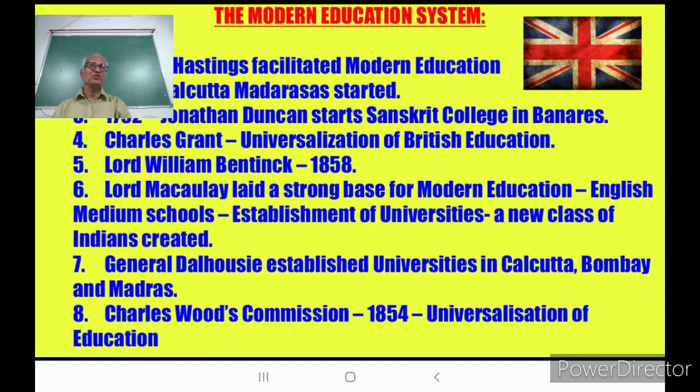See, this throws light on the kind of superiority complex the British had in their mind. They always thought Indians are inferior. They are no good. They are fit to be ruled. They are fit to be slaves.